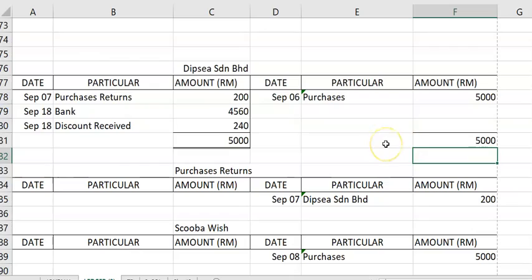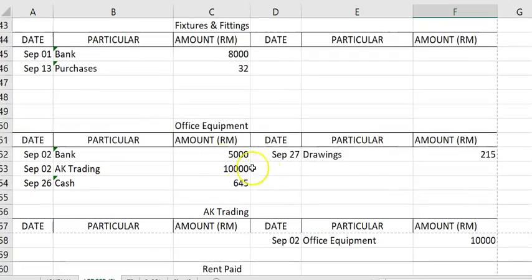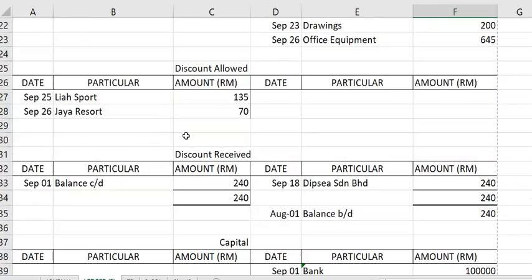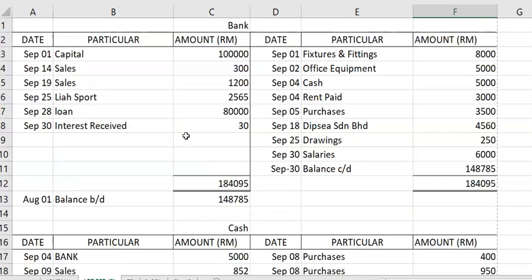Okay, now I leave it to you to calculate the balances for all the accounts. And after you calculate all the balances of the accounts, you need to transfer the balance amounts to another document that we call the trial balance.